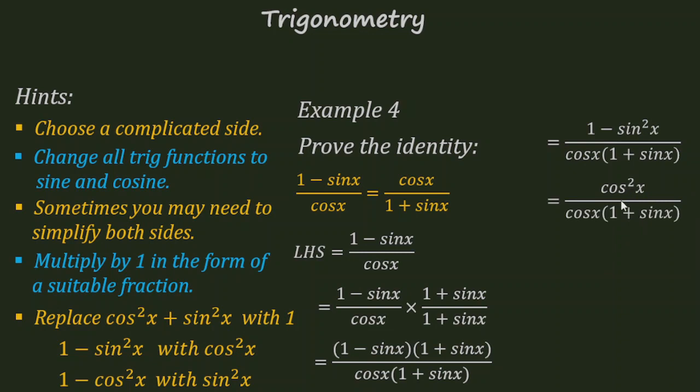Now we can cancel the square there and cancel out the cos x in the denominator. You'll be left with cos x over 1 plus sin x, which is equal to the right-hand side. So we're able to prove that the left-hand side is equal to the right-hand side.